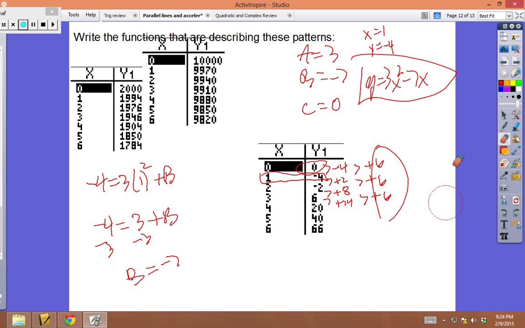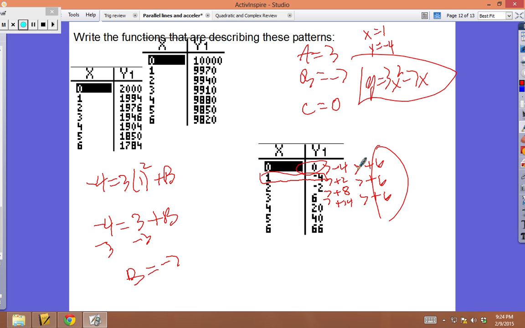Let's look at it the other way. If it's increasing 6 feet every second, let's see what it should have been. At 0, speed is 0. I want it to be 0. And at 1 second, if it increases 6 every second, the speed is 6.